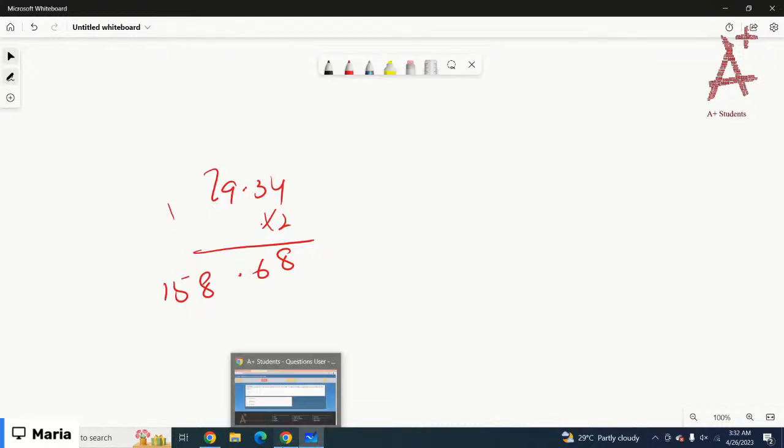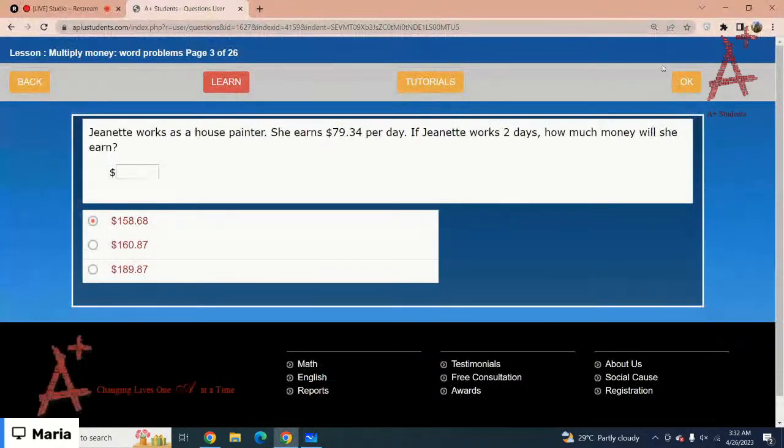Yes, that is 158.68. The correct option is option number 1.